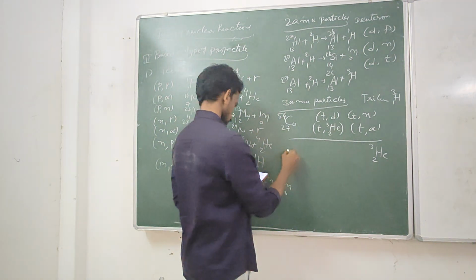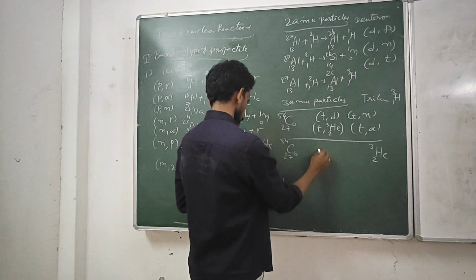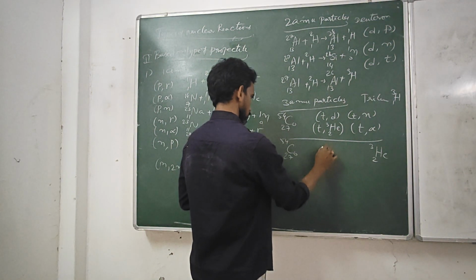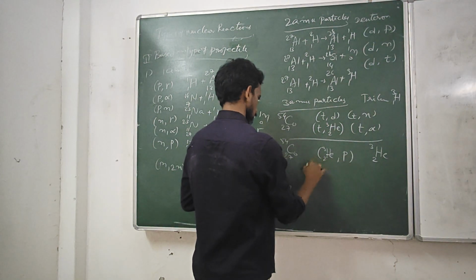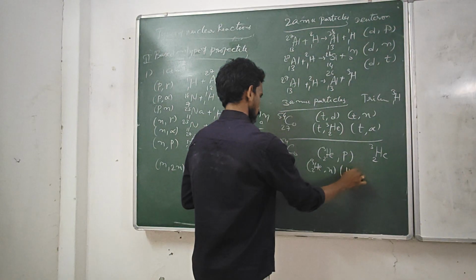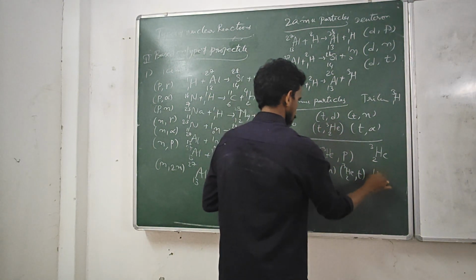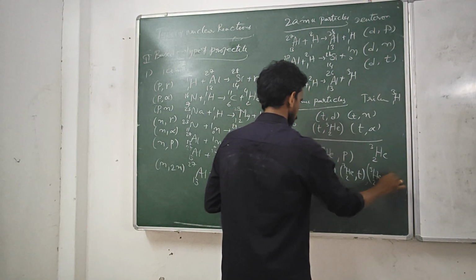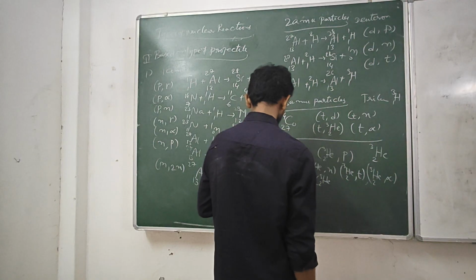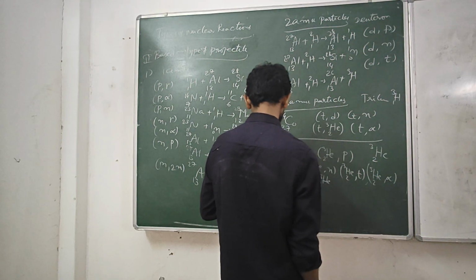So the target is the same, Co2754, and possible reactions are He23 proton, He23 neutron, He23 tritium, He23 alpha, He23 2 protons.